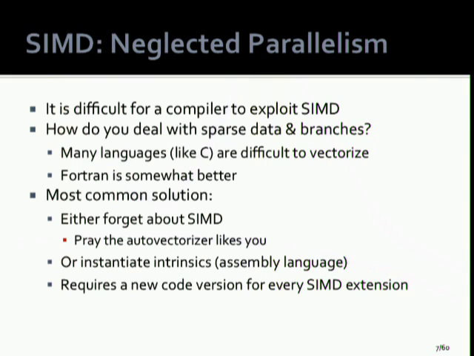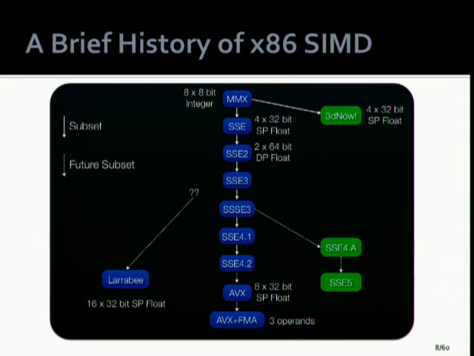So that's the second approach, instantiating intrinsics, which I'm guessing you did some of in your last homework assignment. That lets you use SIMD very effectively, but it's pretty low level, right? You're kind of writing almost assembly language. And it requires you to rewrite it every time you have a new processor with a different SIMD extension. And there have been a lot of different SIMD extensions over the years.